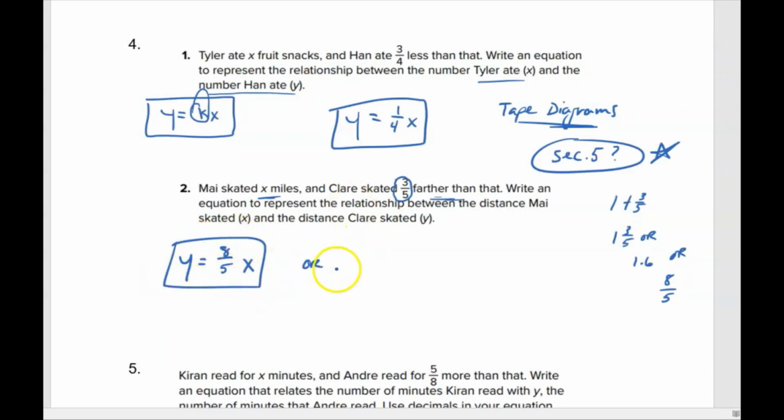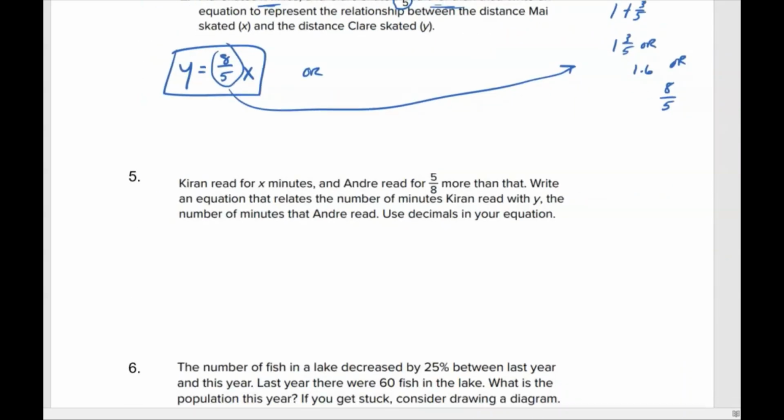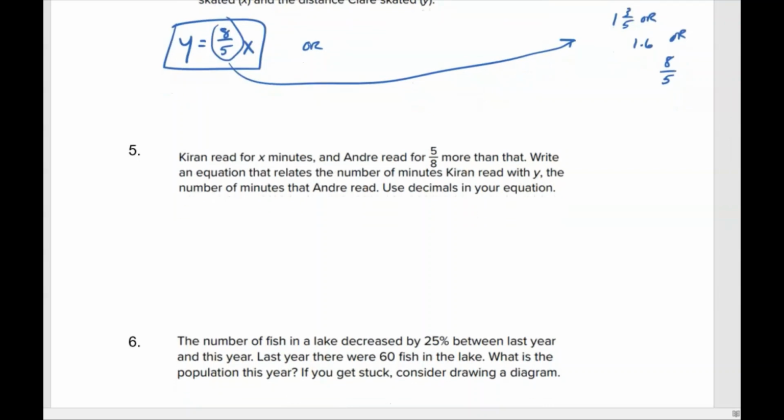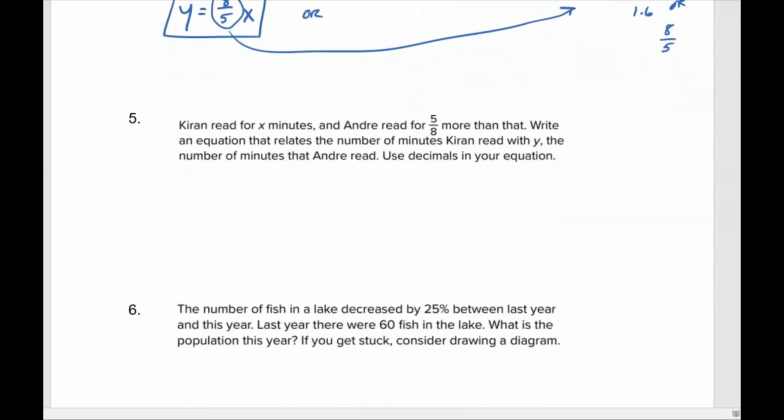Or, like I said before, you could replace this 8/5 with any one of these, 1 3/5 or 1.6. Those will all work. Okay. Again, maybe you want to go back to section 5 or 6 and look and see how we use tape diagrams discussing that.